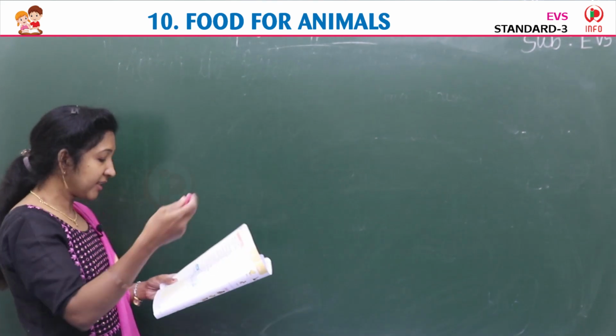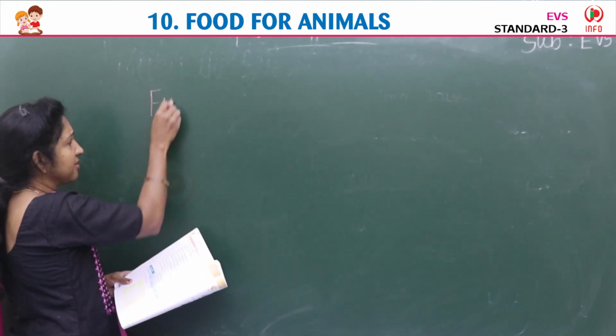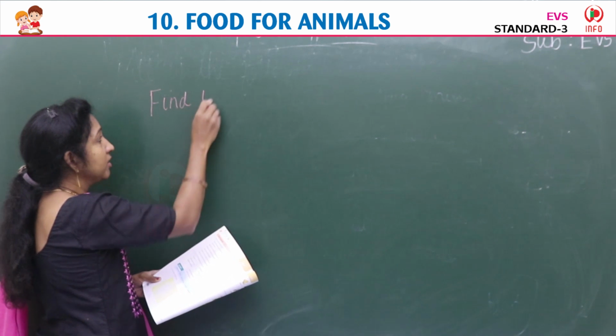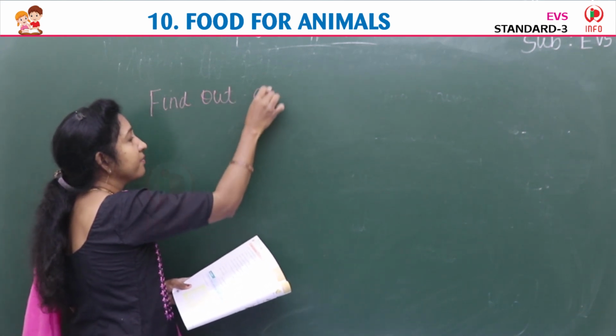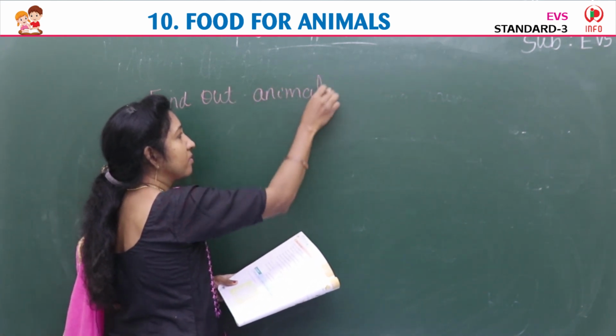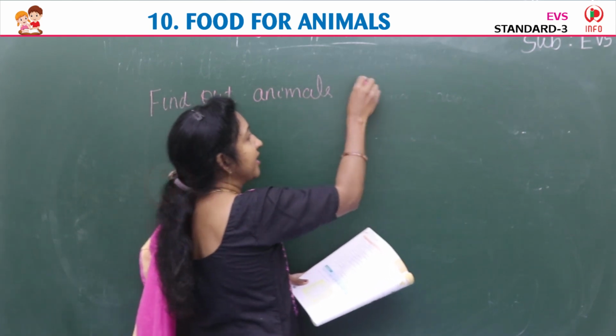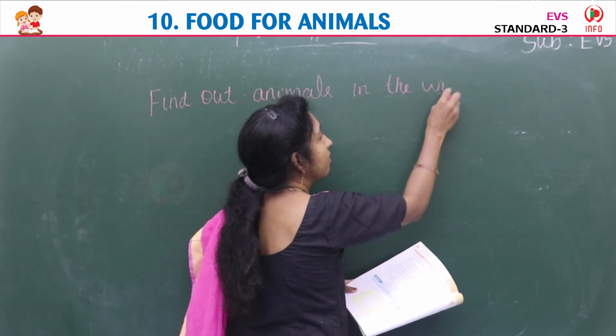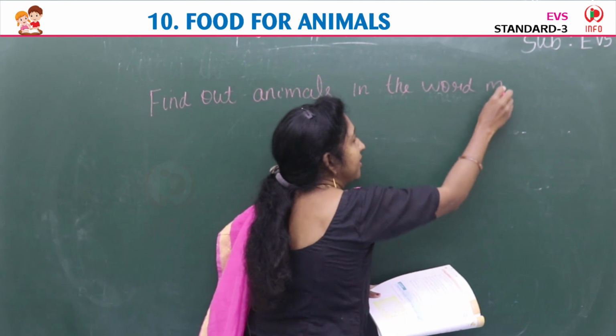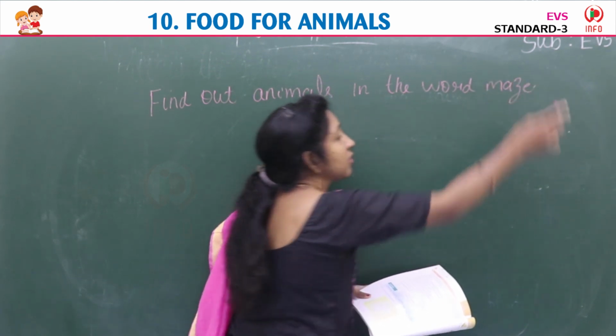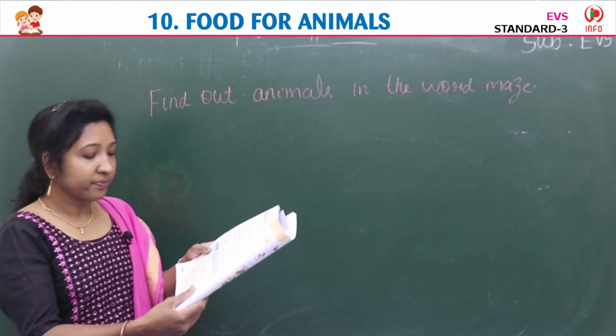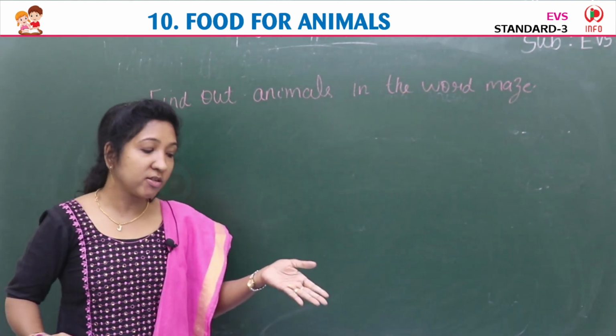Yes, children, our next exercise, the C exercise. Find out animals in the word maze. So, children, in your textbook, you can see the image in the textbook.